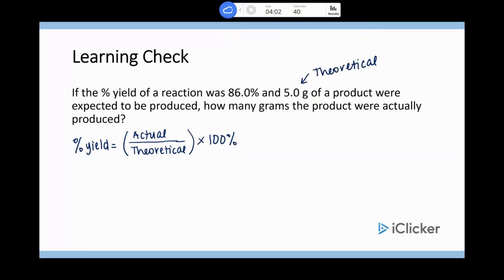So we can use our percent yield equation to solve for the actual yield. We're given that the percent yield is 86.0, and this is equal to the actual yield, which we don't know, so we'll just use X, over the theoretical yield, 5.0 grams, multiplied by 100.